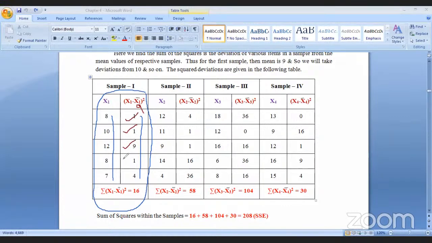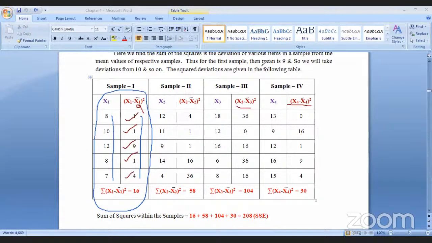Next, 8 minus 9 is 1, 1 square is 1. We have to remember this: x1 minus x bar 1 whole square, x2 minus x bar 2 whole square, x3 minus x bar 3 whole square, x4 minus x bar 4 whole square. Now 7 minus 9 is 2, 2 square is 4. So we got all the values.